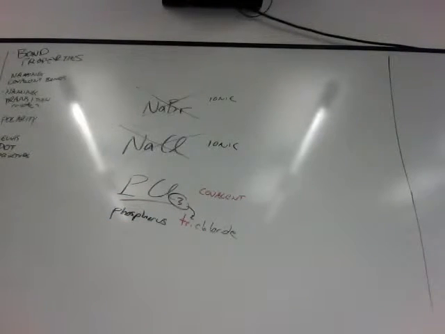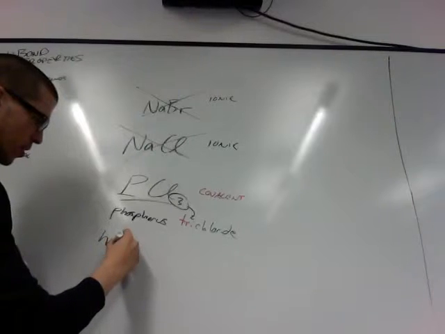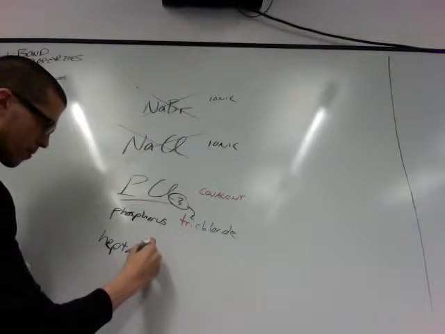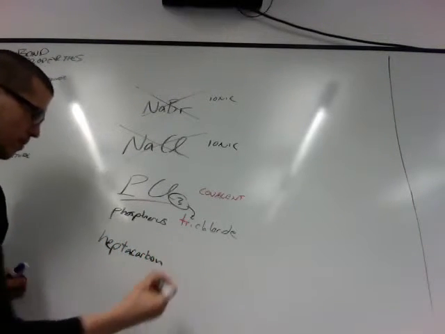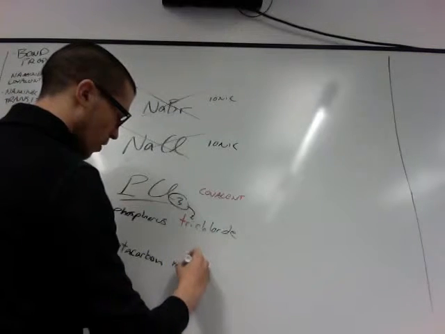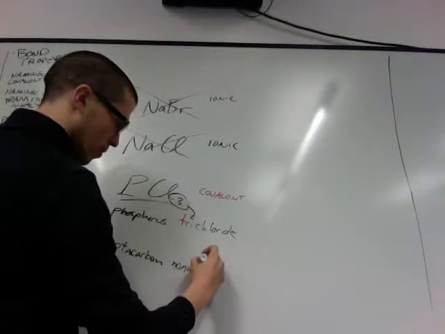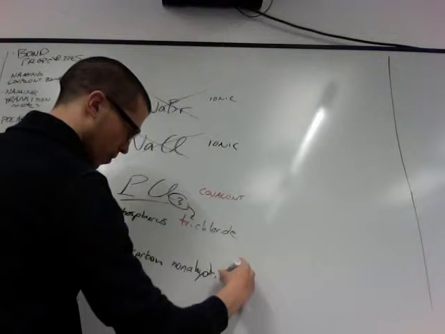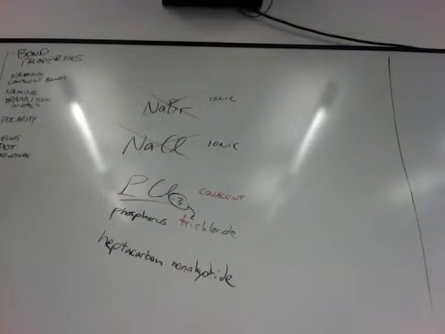That's all you do for covalent bond naming: you literally translate what you see into the words, and vice versa. If you had something else like heptacarbon nanohydride, just imagine you have that. Heptacarbon nanohydride.